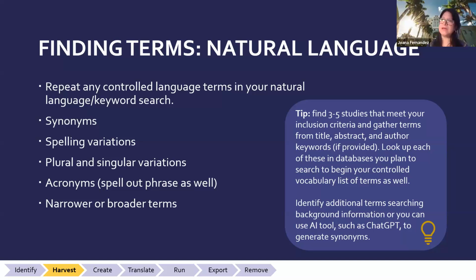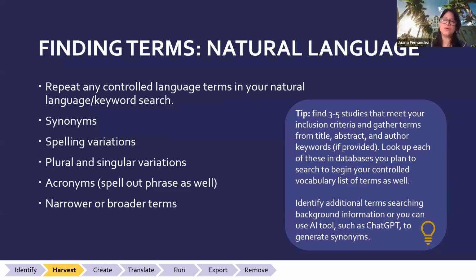It's very useful typically to find a few articles that are a good match for your inclusion and exclusion criteria, that are kind of the perfect articles aligned, like your sample articles for your research topic, and extract the terms from those articles. Those are excellent sources for vocabulary.